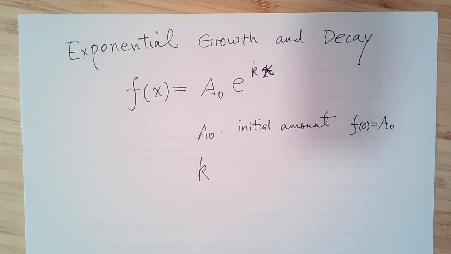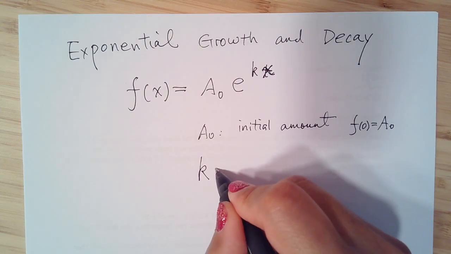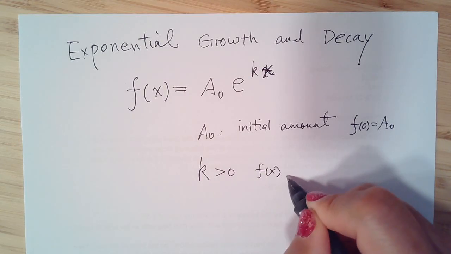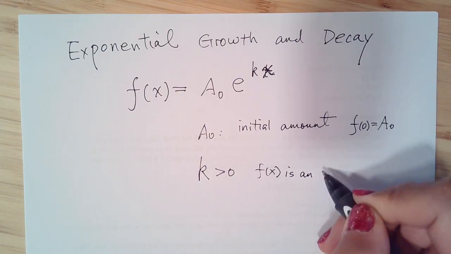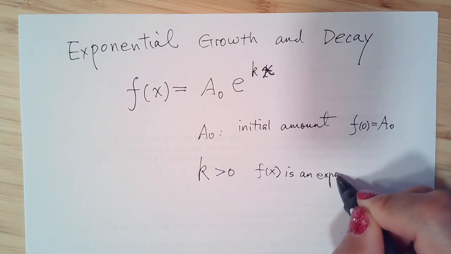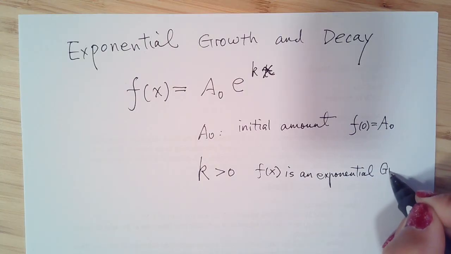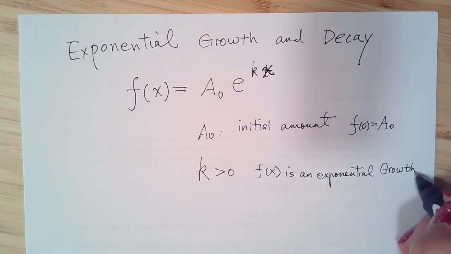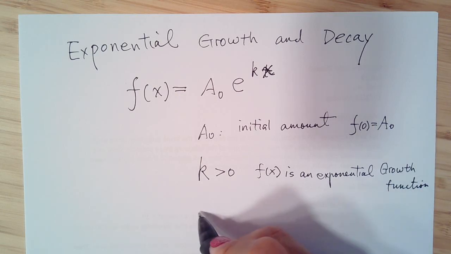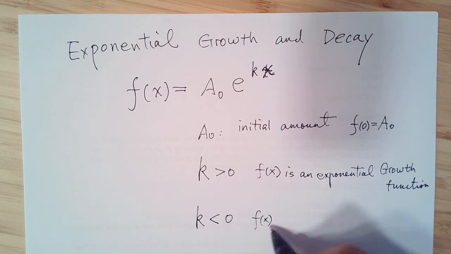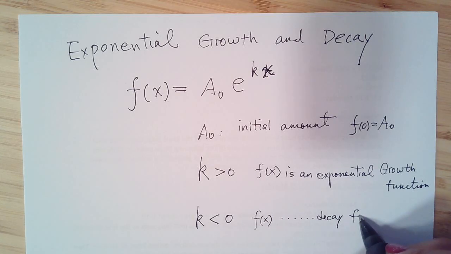So when k is greater than 0, then f of x is an exponential growth function. And when k is less than 0, then f of x is an exponential decay function.